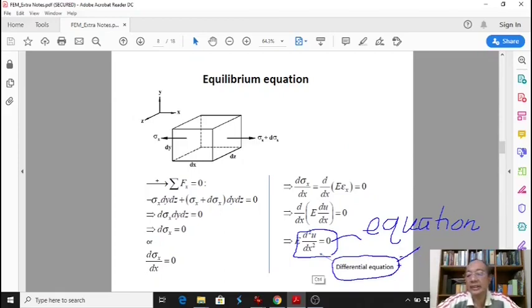This is important in all engineering programs, because in engineering problems we have many differential equations. So this is fundamental in the finite element method. Basically, in the finite element method, we need to solve differential equations.